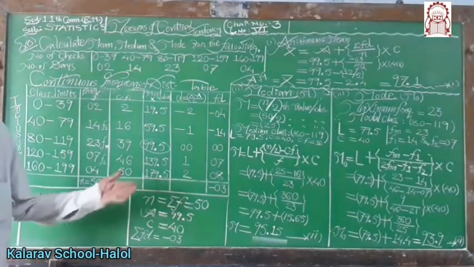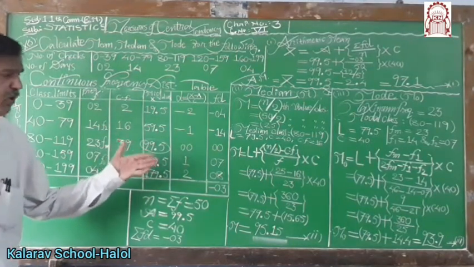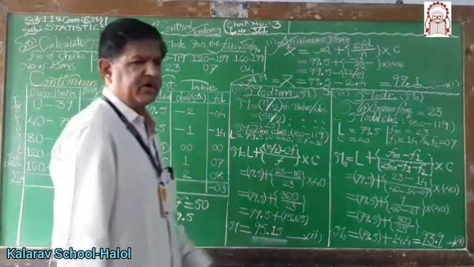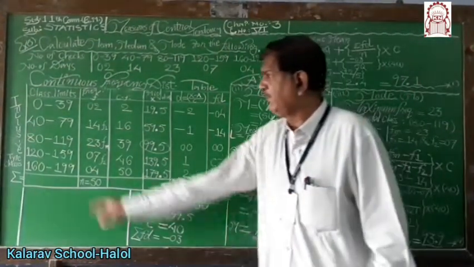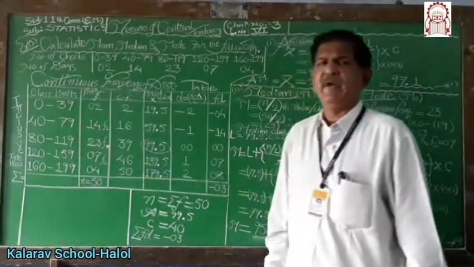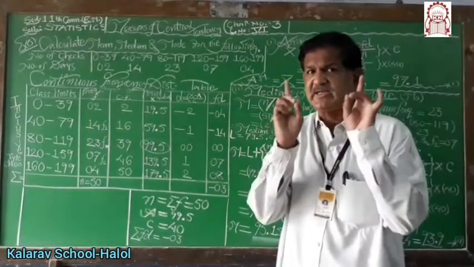So this way mean, median and mode can be computed for a continuous distribution, especially for inclusive type of classes. Try to understand the difference between exclusive and inclusive.